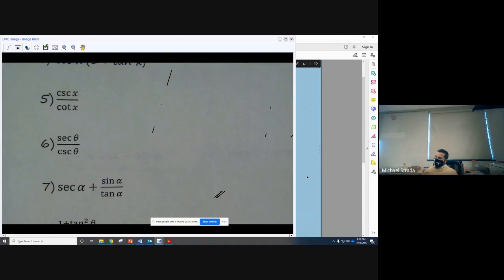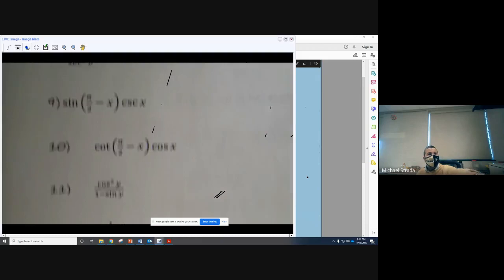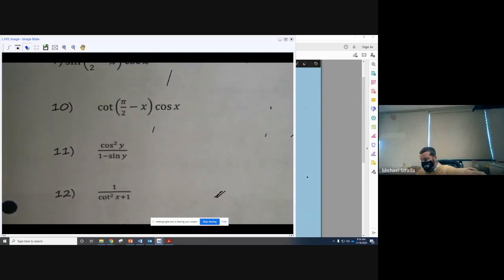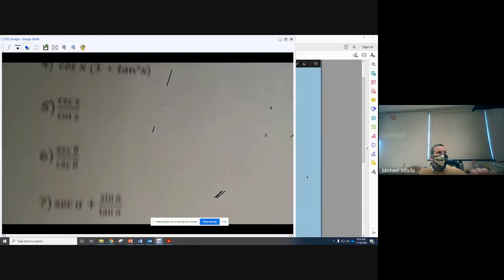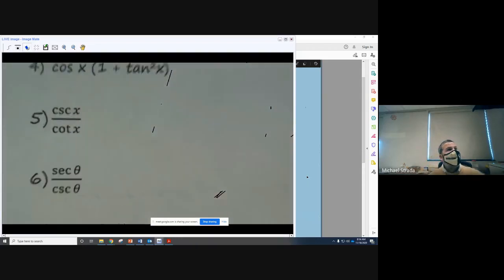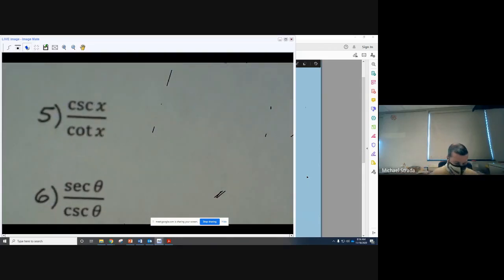If you have a problem with something squared, you're looking to use a Pythagorean identity. If you have something that has 1 plus or 1 minus, like the ones on the bottom, like number 11, then you're using the conjugates. If you have something like number 5, cosecant x, cotangent x, when all else fails, we write everything in terms of sine and cosine.